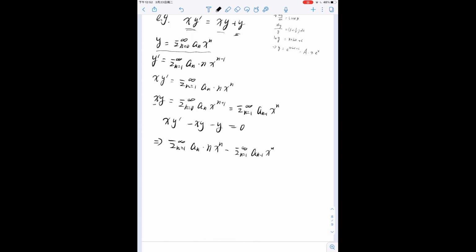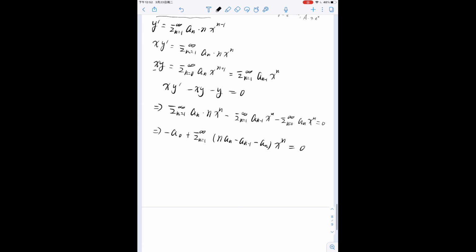Plus, and minus the summation from 0 to infinity of an times x to the power of n, equals 0. Or we can write it down like this: minus a naught plus the summation from 1 to infinity of n times an minus a n minus 1 minus an, times x to the power of n, equals 0.